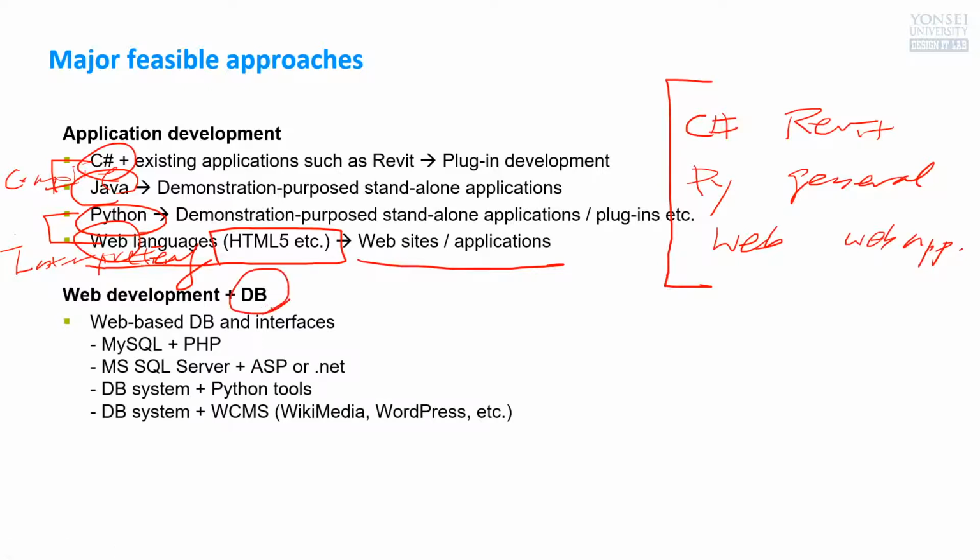Additionally, database. These are some database servers, and these are web languages for web app implementation. But I told you before, some WordPress, Wikimedia, some web contents management system. Web contents management system is a very powerful manager mode in order to set up your web system.